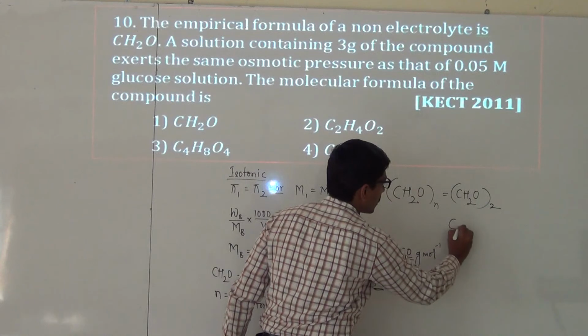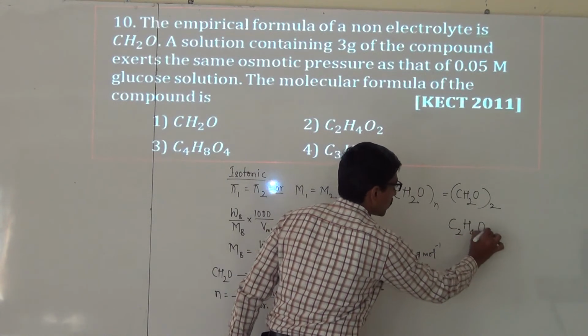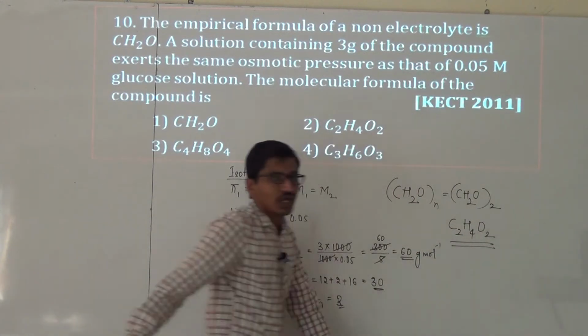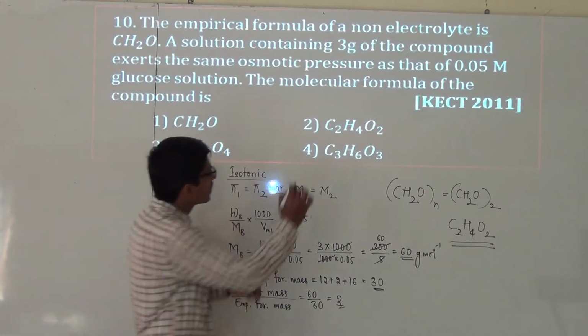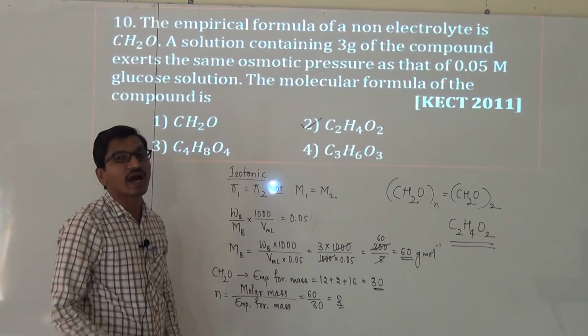Therefore C2H4O2 is the molecular formula of the compound, and the second option is the correct one.